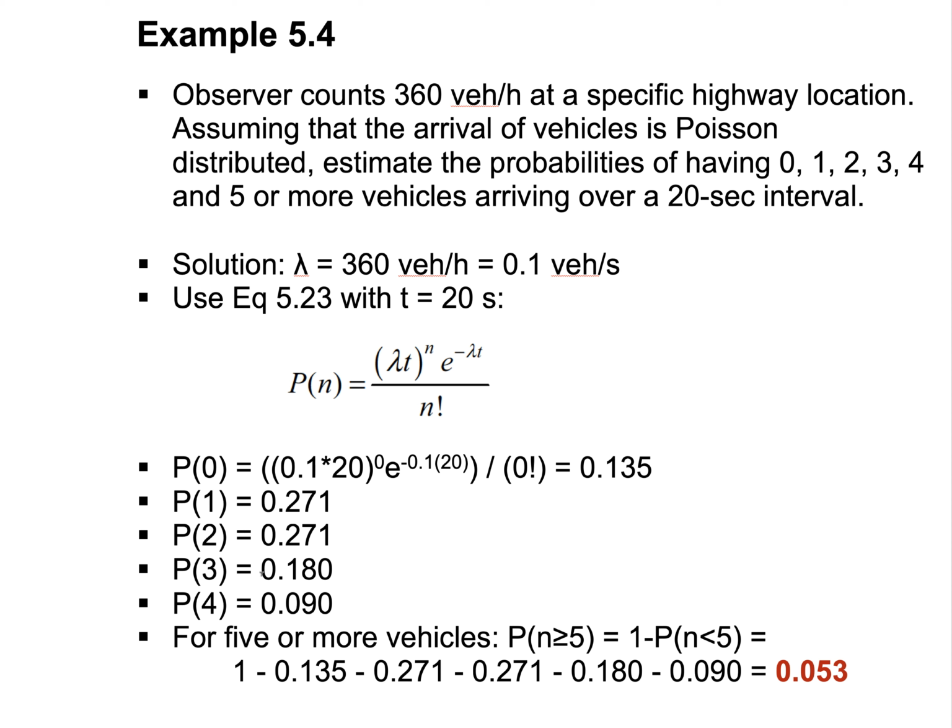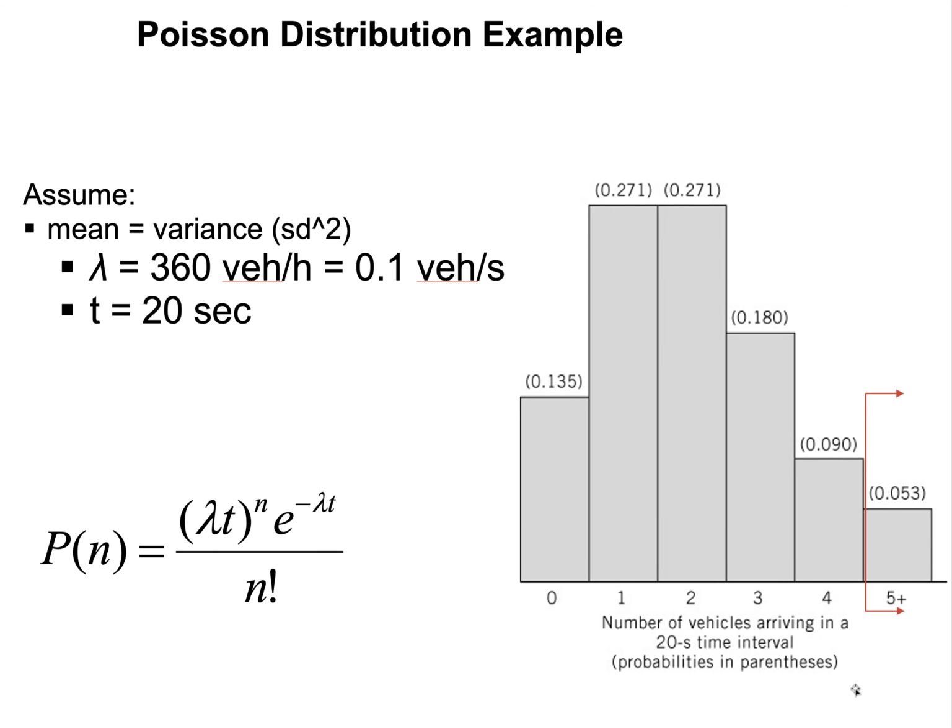To do the last part, for 5 or more vehicles, P of n greater than or equal to 5 is 1 minus P of n less than 5. So we can take the values that we just calculated and subtract them from 1, and we obtain 0.053. This is kind of what it looks like graphically.